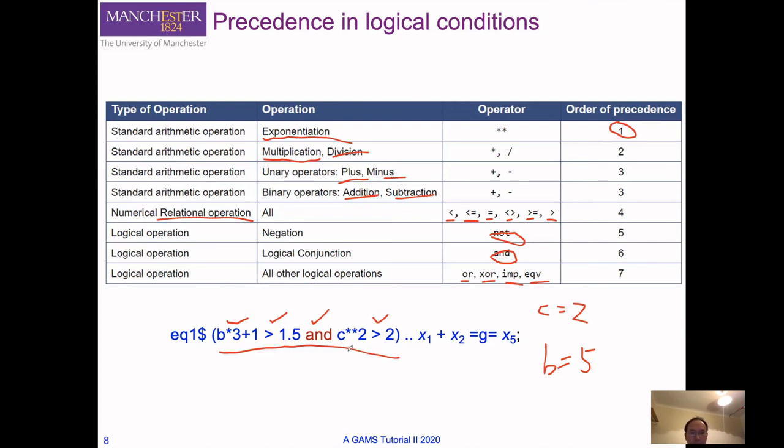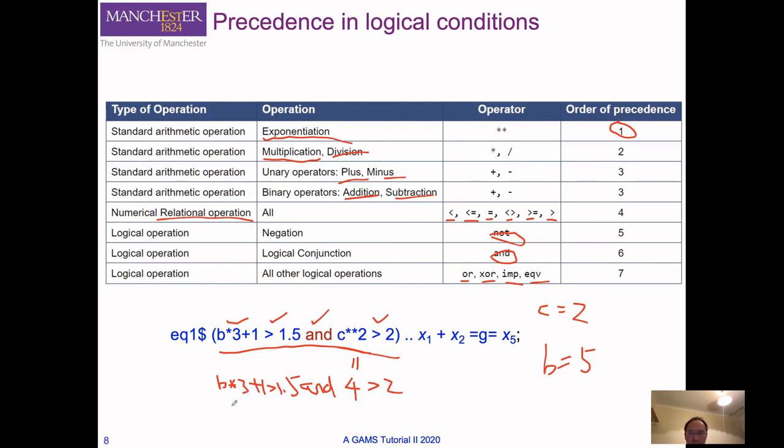We first calculate the exponentiation operation. So this is equal to 4, and then greater than 2, and B times 3 plus 1 is greater than 1.5. Next, we calculate the multiplication and the division.